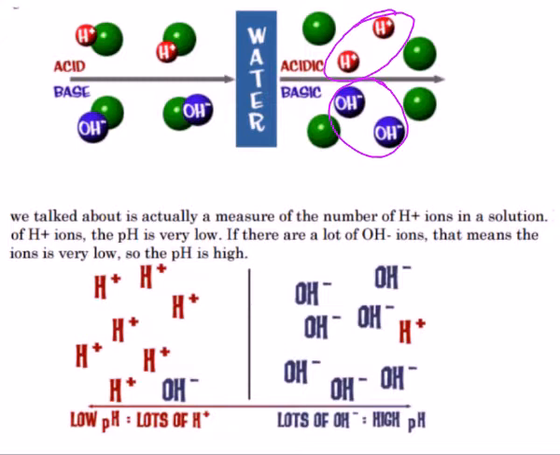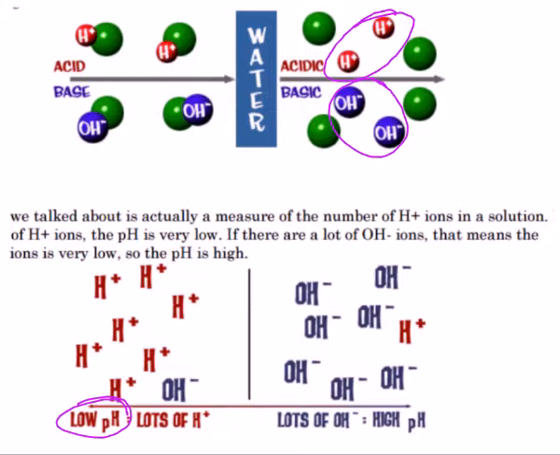We also talked, going down here, when we talk about pH, a low pH has a lot of hydrogen ions. That's what makes it acidic, because we know our definition of an acid has a lot of hydrogen ions. A basic solution, over here to the right, has lots of OH minus particles, and it has a high pH. So it's kind of a seesaw, sort of. And we'll talk about the math behind it when we get back from break.